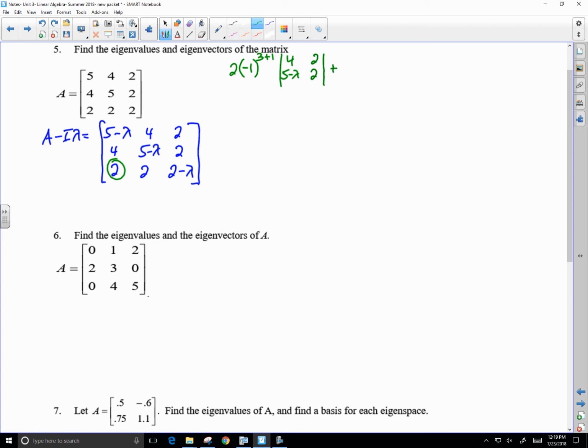Plus -2, -1, row 2, column 2, 5 minus lambda, 2, 4, 2.